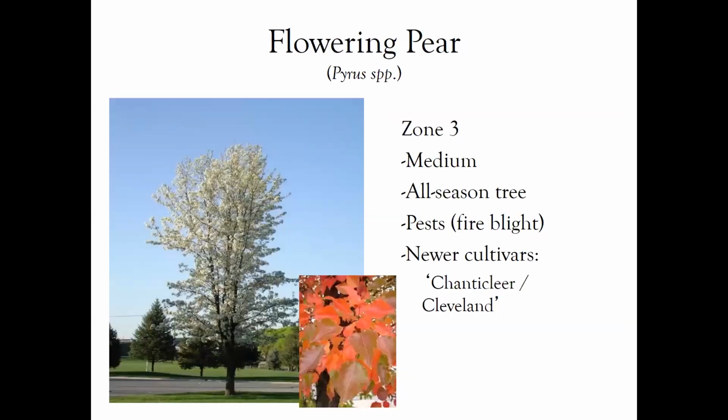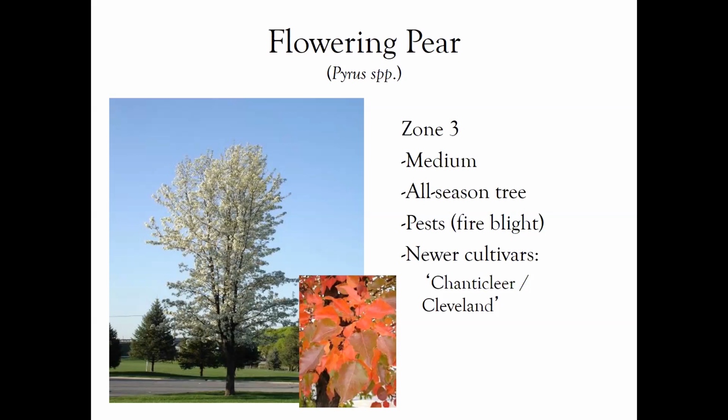Flowering pear, or just Pyrus. Well, okay, let me back up. Flowering pear is a pretty hardy, medium-sized tree. It's an all-season tree in that it does flower in the spring and has typically nice red fall color.